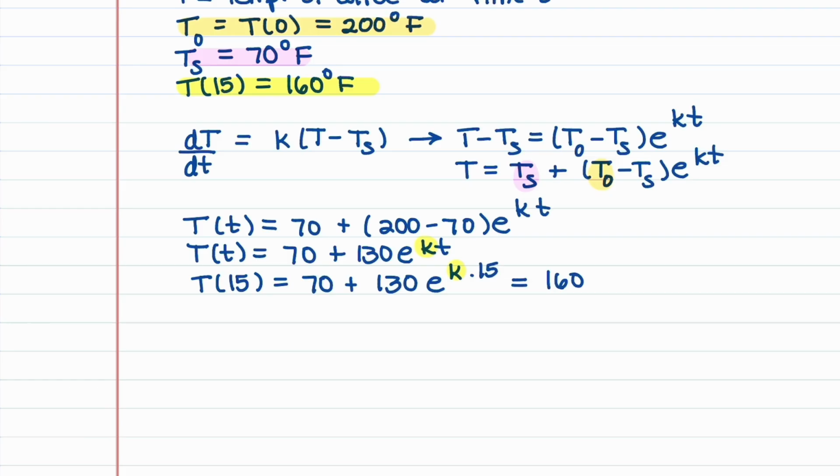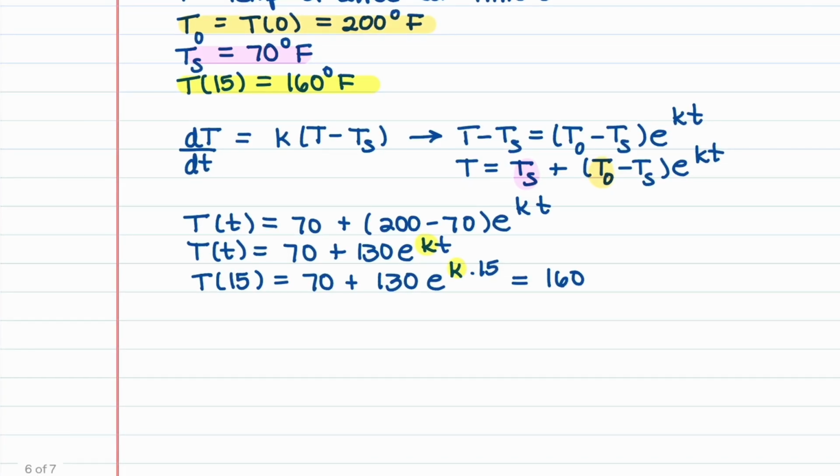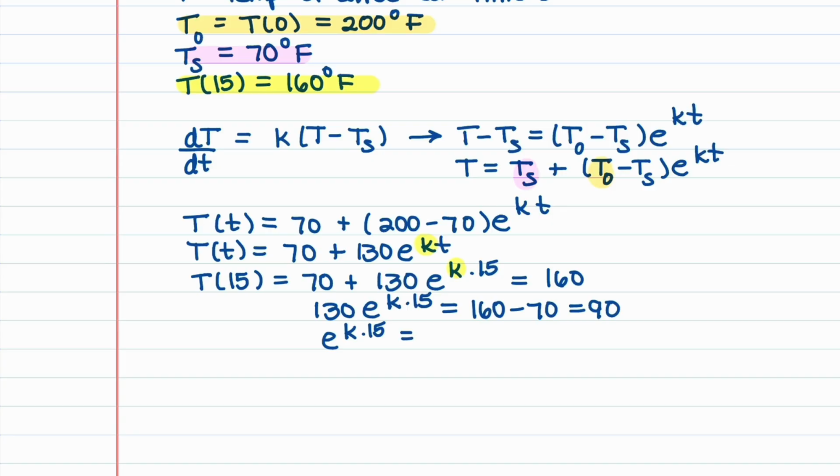Since we are solving for k, let's subtract 70 from both sides. So we have 130 e to the k times 15 is equal to 160 minus 70, which is 90. Now let's divide both sides by 130. So we have e to the k times 15 is 90 over 130, and we can just write that as 9 over 13.